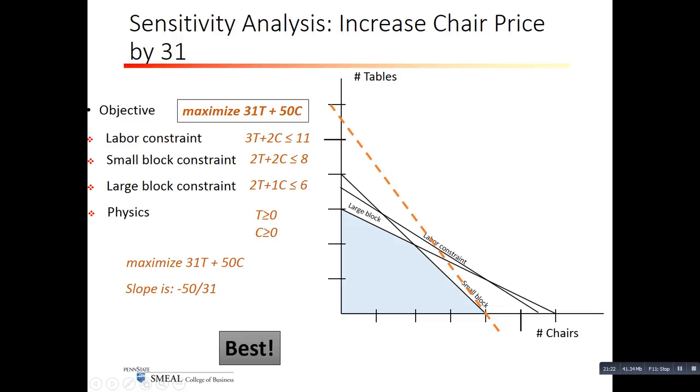If you move the objective function, you end up with this point where the objective function touches the feasible region. So this will be our new optimal solution. We have 0 tables and 4 chairs. That makes sense, right? Because now the price of chairs increased significantly, so you would produce more chairs than tables.